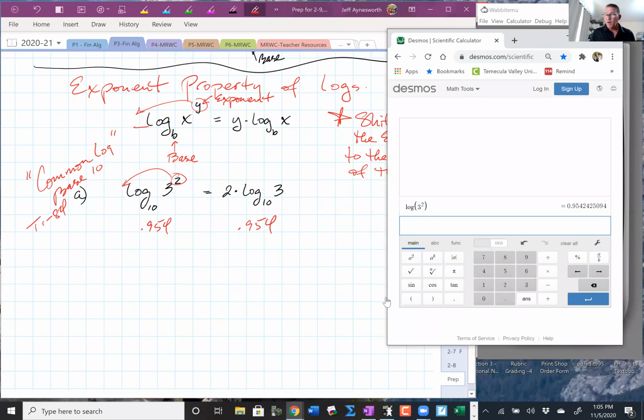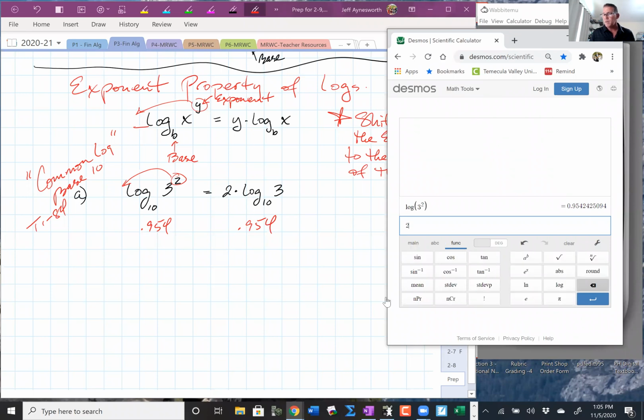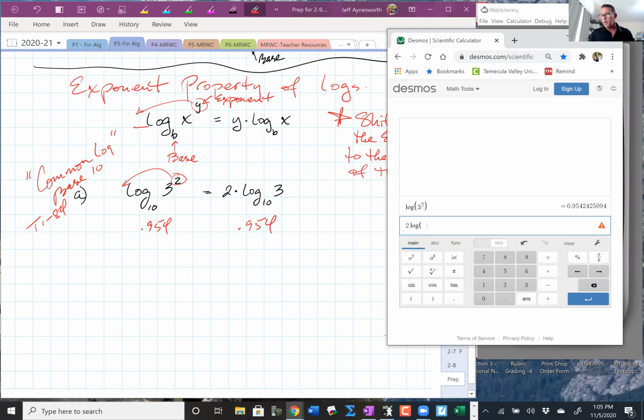Now let's evaluate the right-hand side, 2 times the log. So enter in 2, and then hit the function button, type in log, and then just enter in 3. To do that, you got to go back to the main screen and hit 3, and you'll notice that it has the same value. So it doesn't matter whether you use Desmos or TI-84, you just got to be good at one or the other.